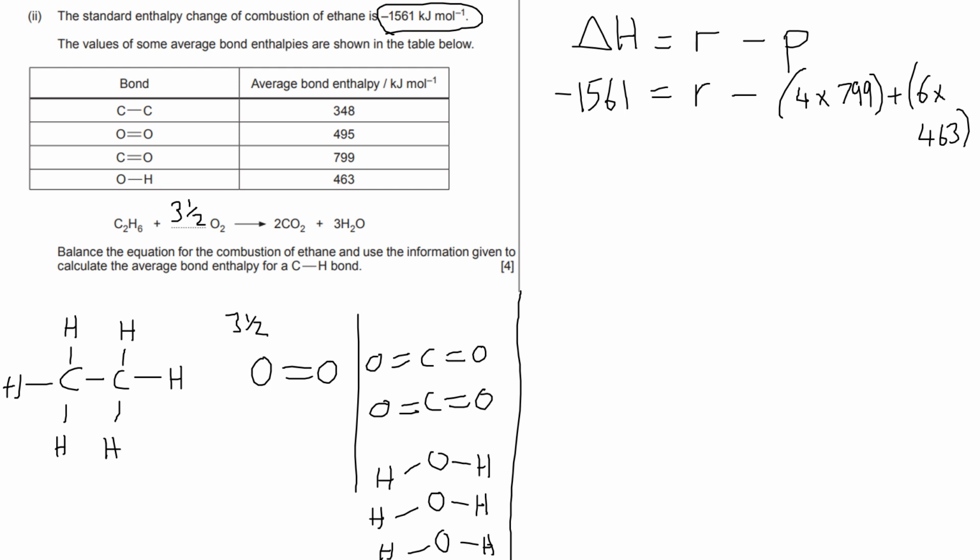So what we can say then is that minus 1561 equals R minus 5974. And therefore R must be 4413.